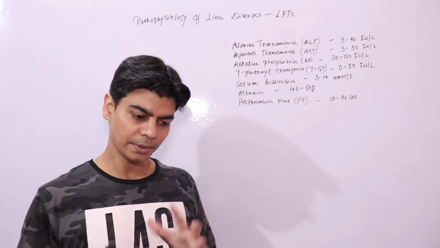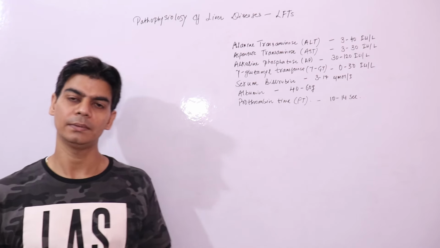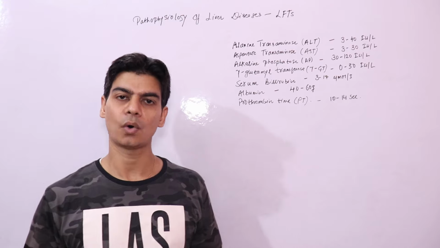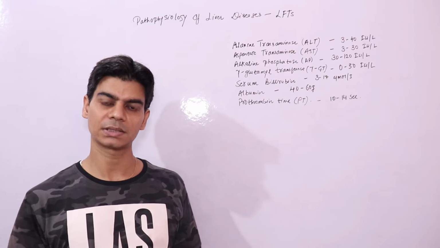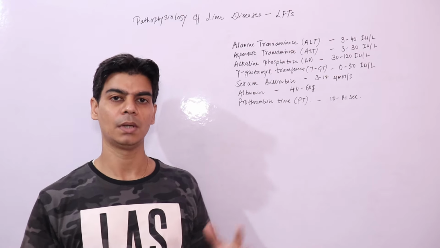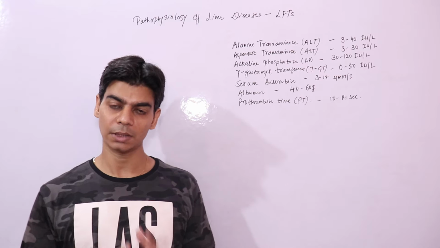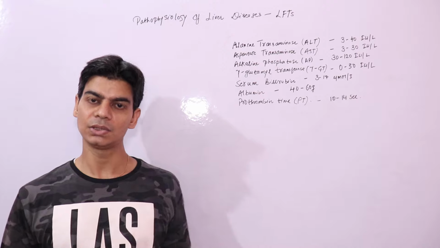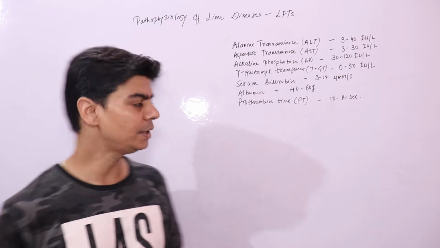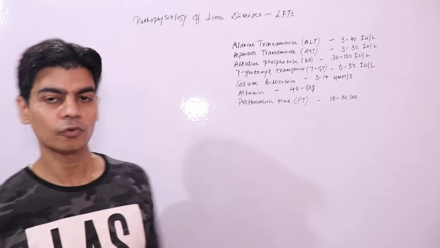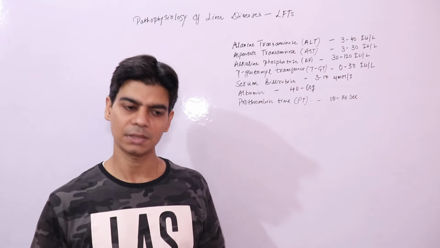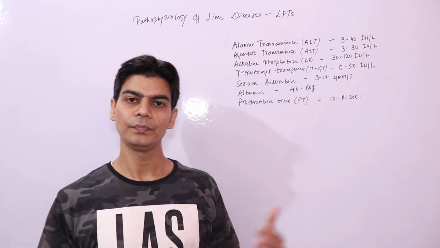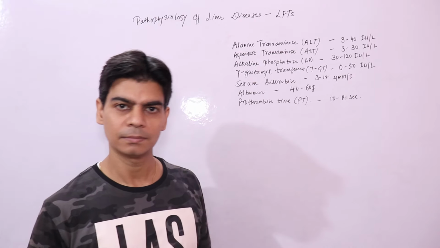So in response to any issues with the liver, maybe cellular damage or cholestasis, that is impairment to secretion of bile, we know that bile secretion is one of the most important functions of the liver. Any issues with it will lead to elevation of these enzymes. Hepatocellular damage or cholestasis will lead to elevation of these enzymes.